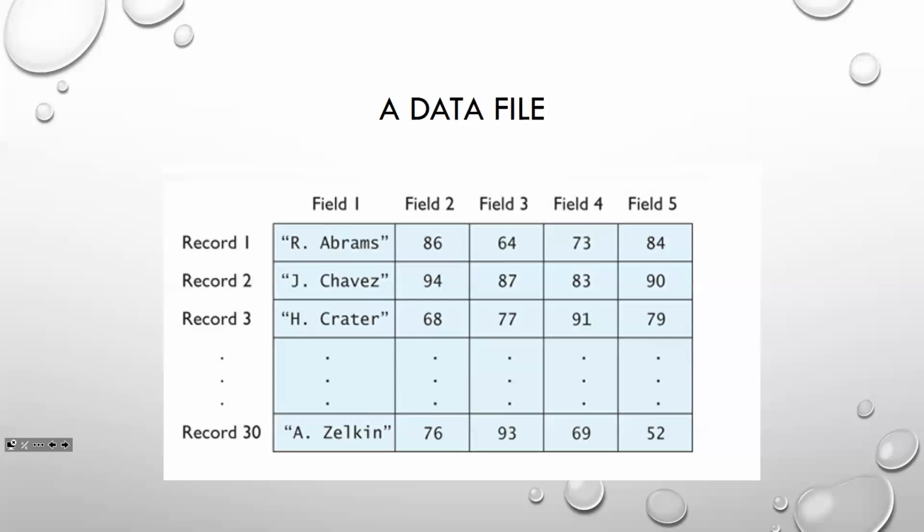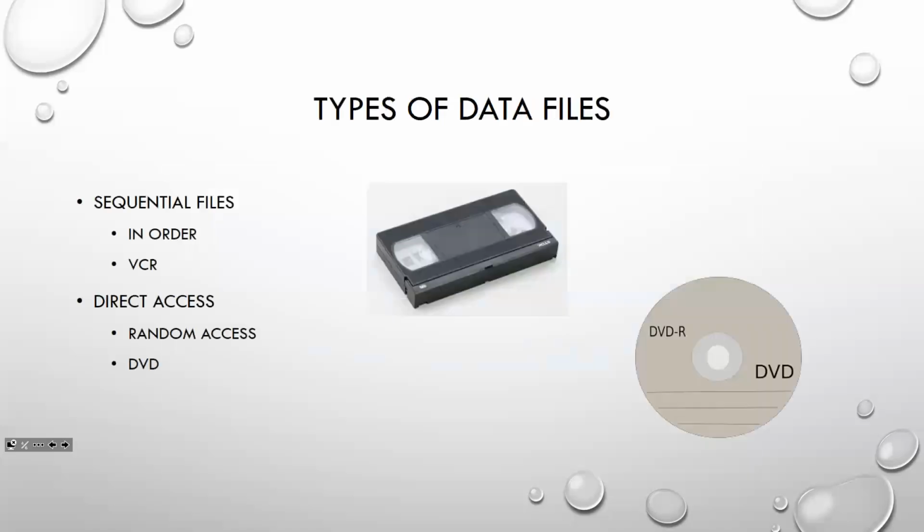So records are the rows, and each of my columns is a field. I can process through this data file in my Python program, or whatever programming language I want to use, to create output or summarize or create averages or whatever we need to do.